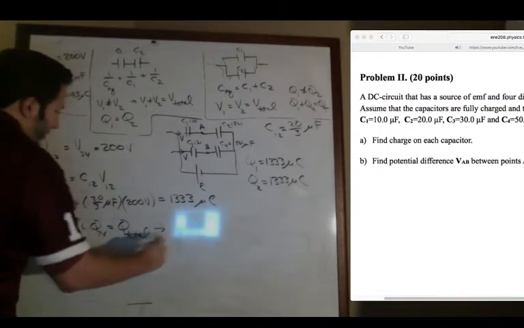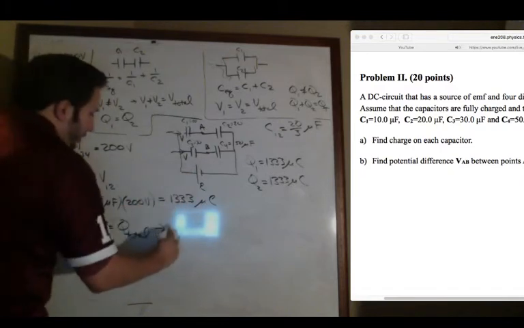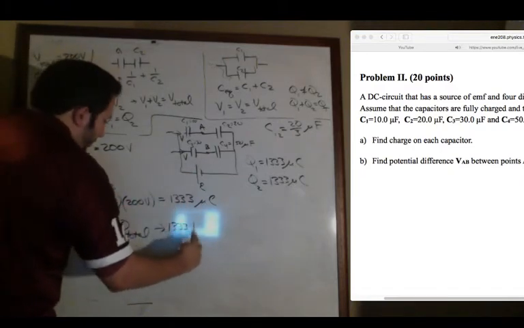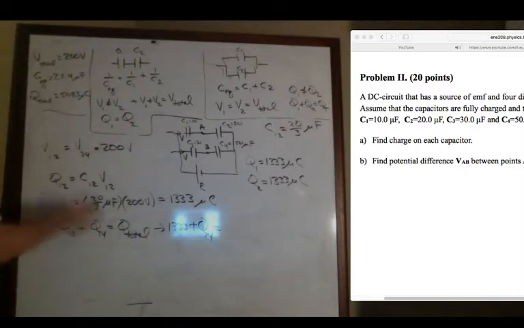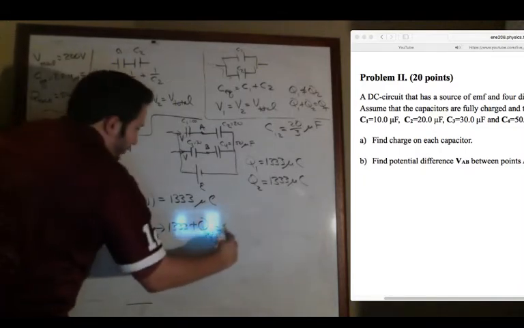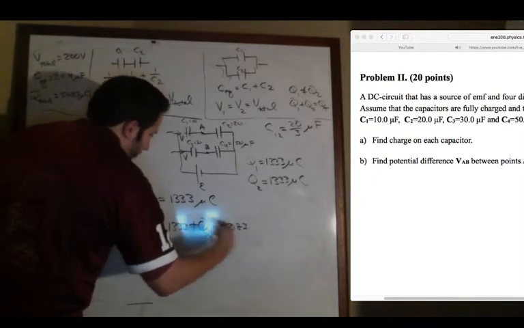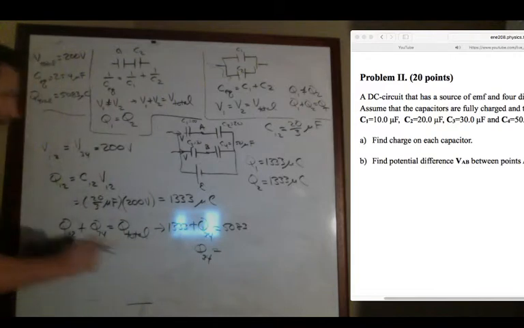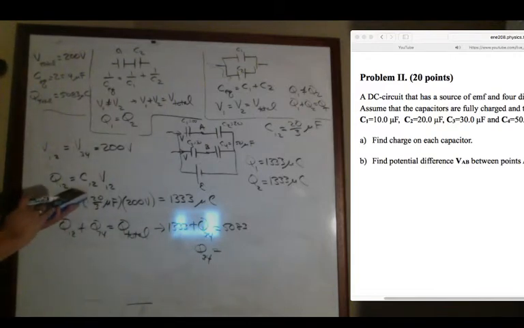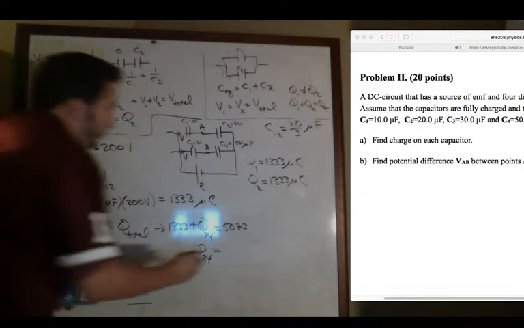So Q12, this is 1333, plus Q34 is equal to your total charge of 5083. All these are, of course, in microcoulombs. And so Q34, let's subtract that over, 5083 minus 1333, that's going to be 3750.